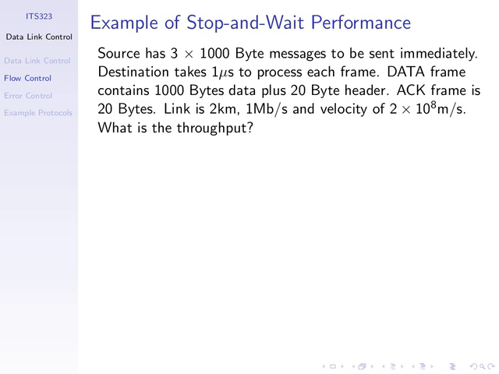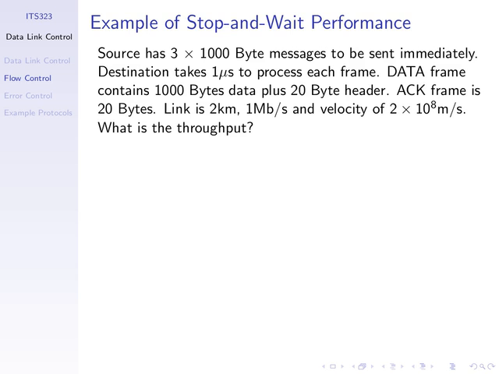And that gives us our throughput, because throughput is the rate at which we receive real data. We're receiving 1,000 bytes, throughput, 1,000 bytes every 8,341 microseconds.